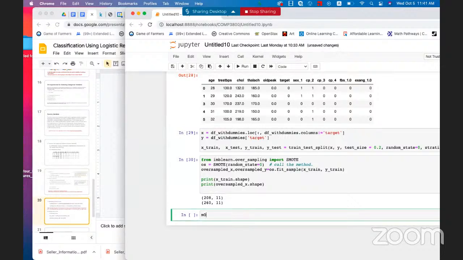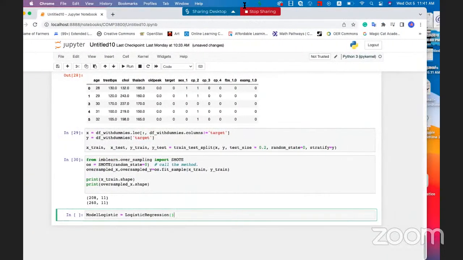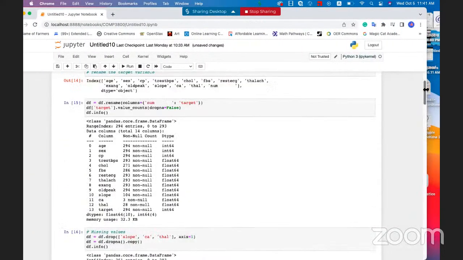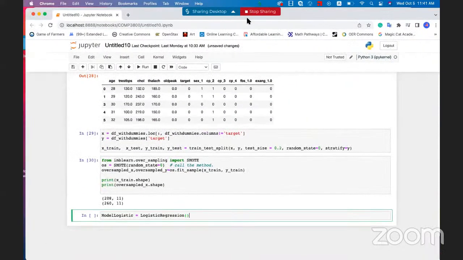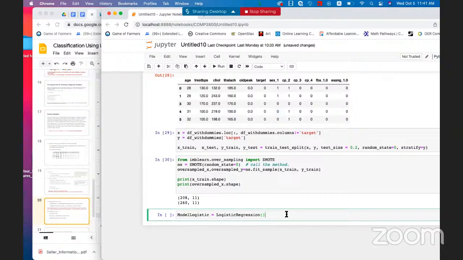Okay, model logistic, and you call this method, call this algorithm. Yeah, put it here. And then you should use this model to train the data.